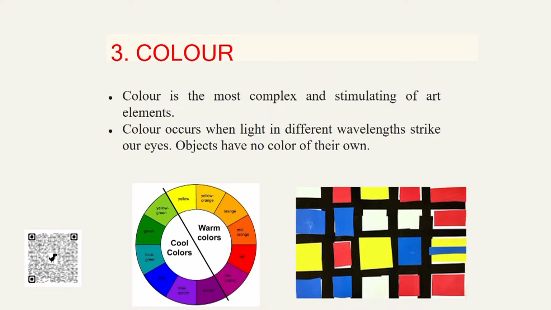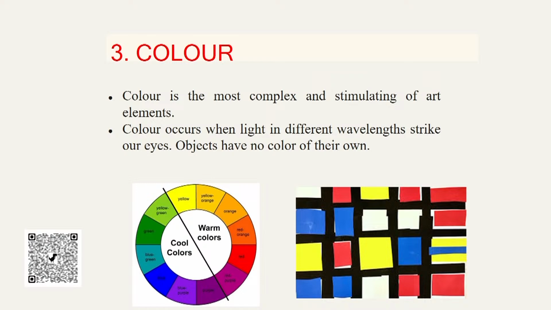In front of you, you will see a color wheel. On the color wheel, you will see there are 12 colors, and there is yellow, red and blue as primary colors. Apart from that, there are secondary colors like green, orange and purple. These colors are further classified under two categories, which are the warm colors and the cool colors.